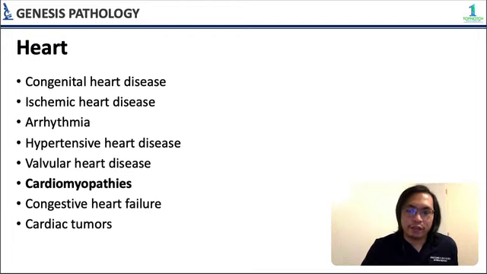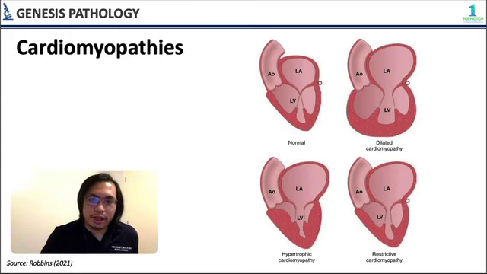Tatlo. Think of three. Your dilated, your hypertrophic, and your restrictive cardiomyopathy. So your dilated cardiomyopathy is your progressive cardiac dilatation and contractile systolic dysfunction. Madaming causes ng dilated cardiomyopathy. One is ischemia. Napag-usapan natin kanina. Hypertrophic cardiomyopathy, ventricular hypertrophy yan that will lead to defective diastolic filling and obstruction of your ventricular outflow tract.